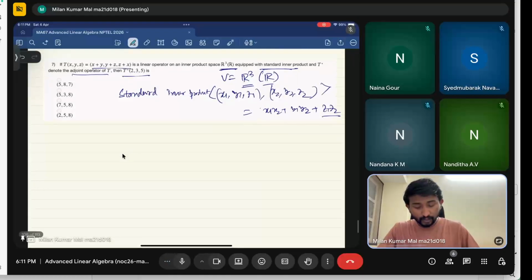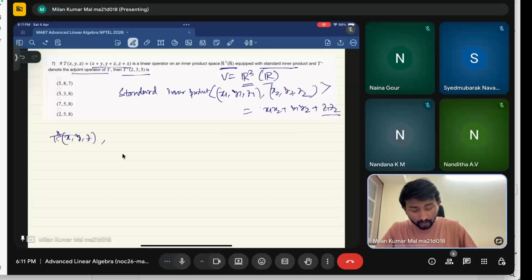So how to find that T star actually? If I take any vector x, y, z, suppose I want to obtain T star of this. T is given like that, T of x, y, z equals x plus y, y plus z, z plus x.